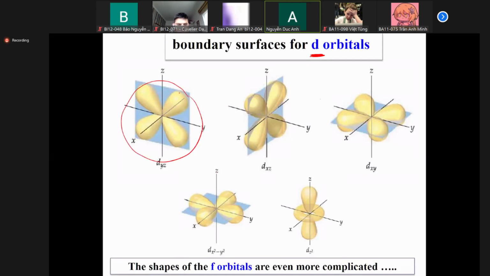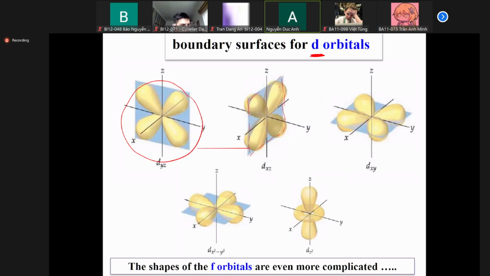And the F orbitals no longer stay on a plane like this. The F orbital stays in space, like a bunch of balloons, and it's much more complicated.